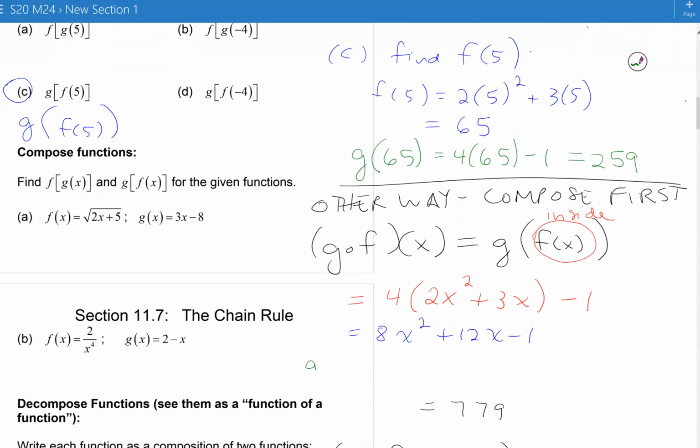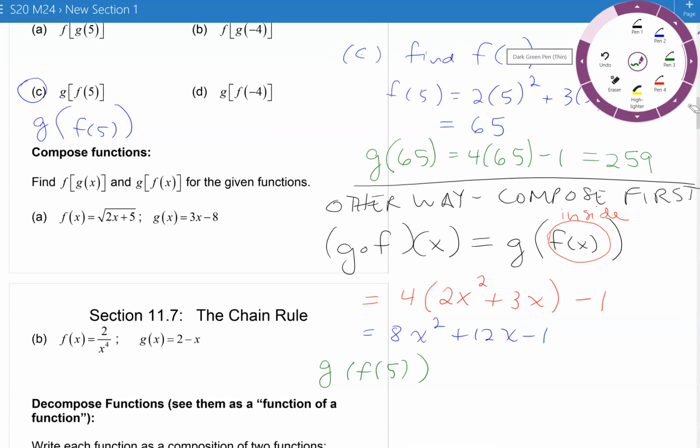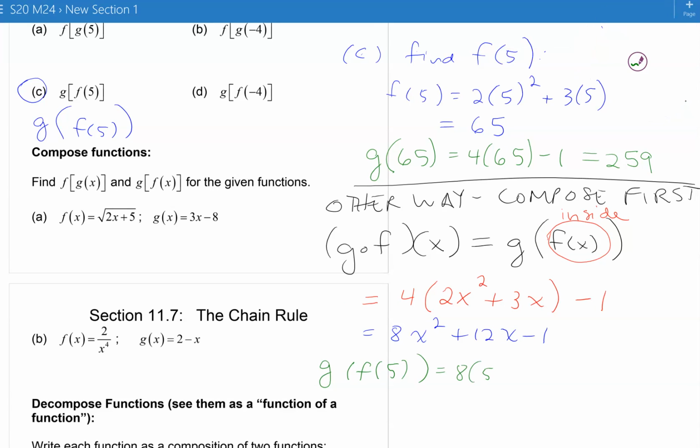And now if we do g of f of 5, we're going to have 8 times 5 squared plus 12 times 5 minus 1. And we get the same answer of 259.